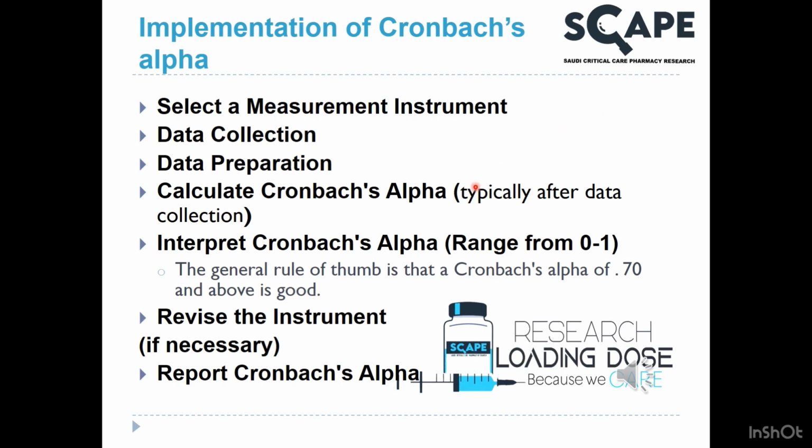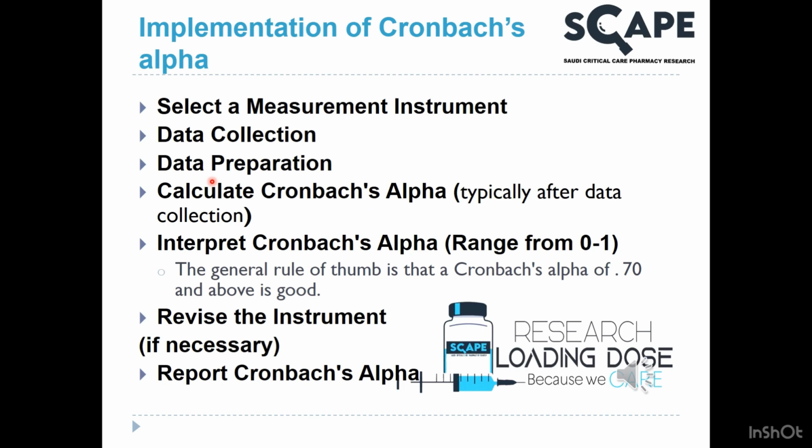And once we are done with the data collection, the next step is data preparation. So we need to organize our data so that we have responses for each item of a measurement instrument for each participant, and they are properly coded. And once we are done with the data coding, that means the data preparation step is completed.